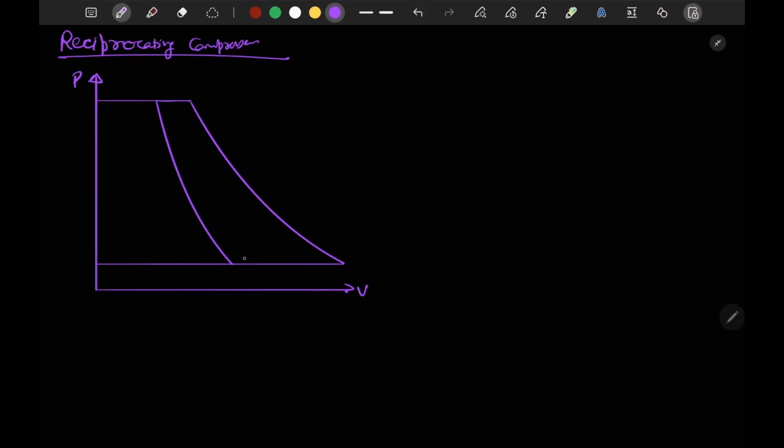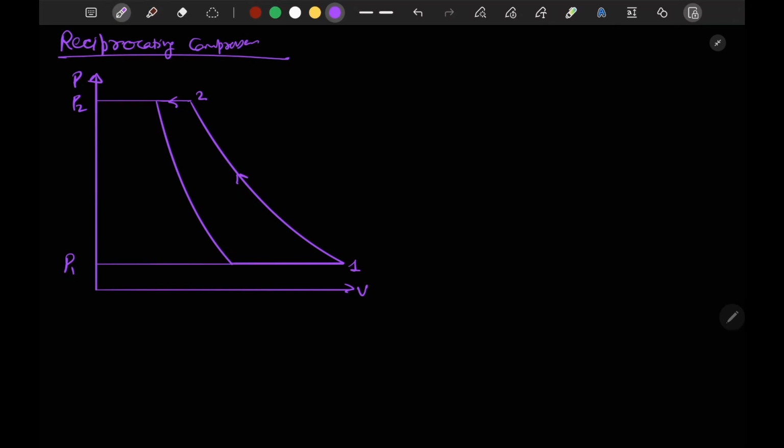Okay, so in this, at lower pressure P1 we get suction. Let's say from lower pressure P1 we compress to the higher pressure P2. Now from 2 to 3 this will be our constant pressure process.